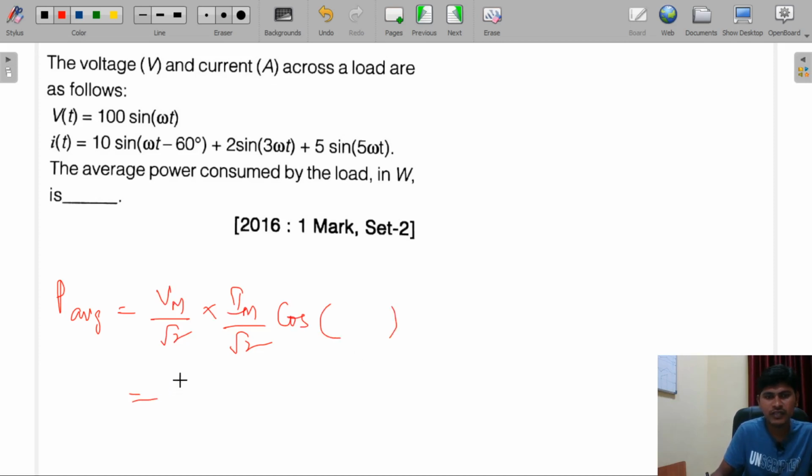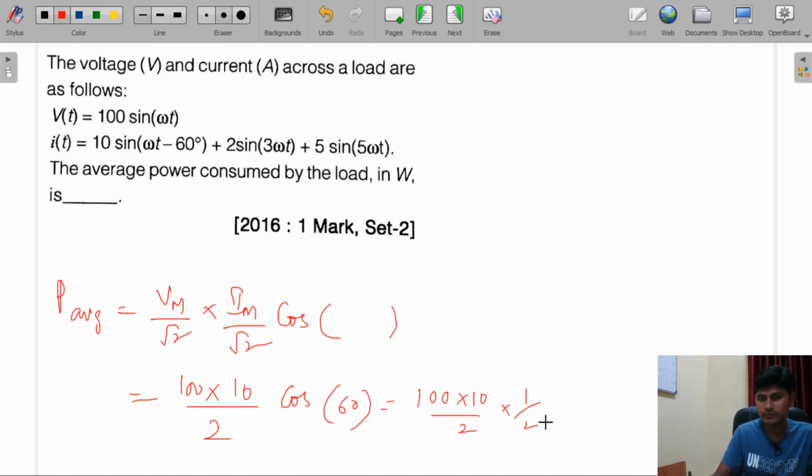So it is 100 into 10 by 2 into cos 60, which is 1 by 2. So the average power is 250 watts.